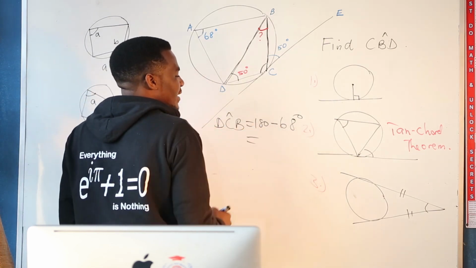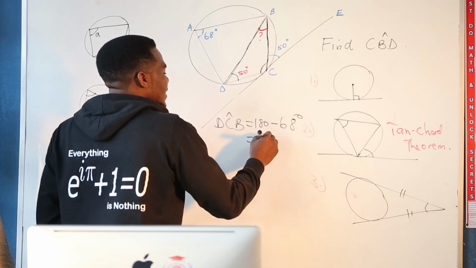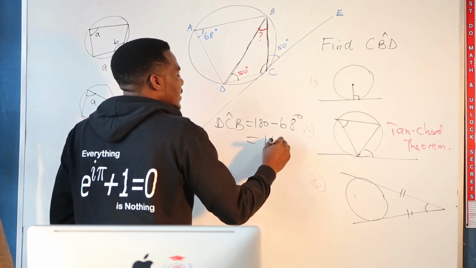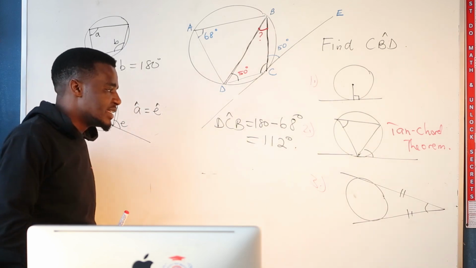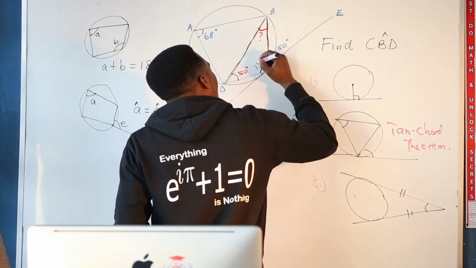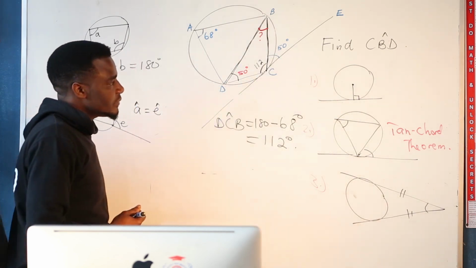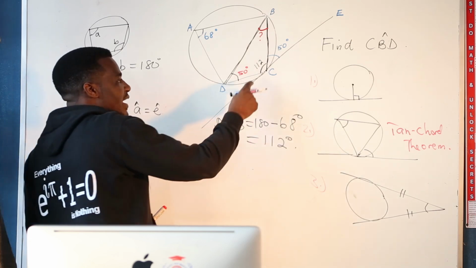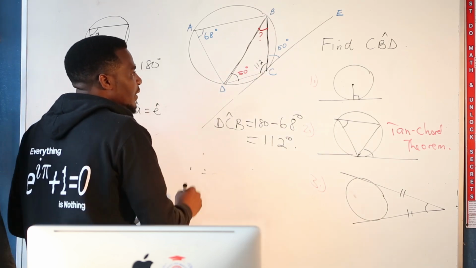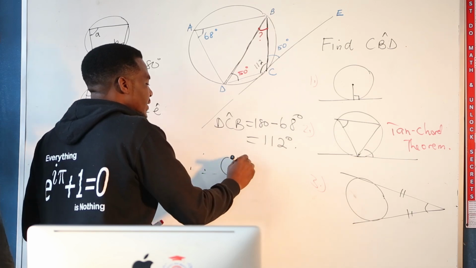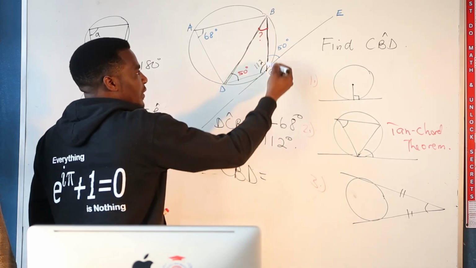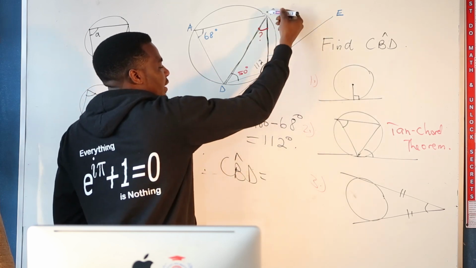So 180 minus 68, straight away we get 112 degrees. So this angle is 112. This is quite interesting. If this angle is 112, therefore we can calculate angle CBD. How? We know very well that angles in a triangle add up to 180.